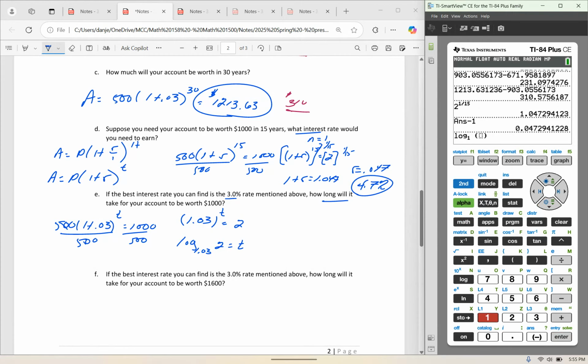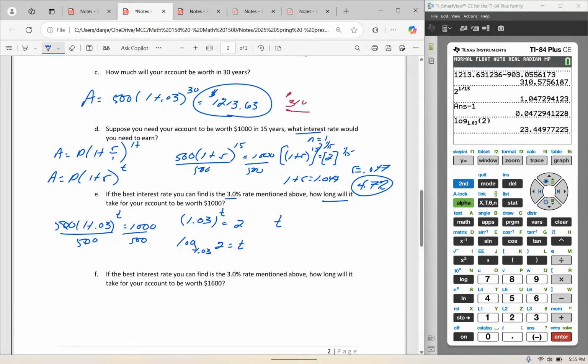So the base of the logarithm is 1.03 of 2. So t is 23.449. So t is approximately 23.5 years. Okay, it's approximately 23.5 years for my investment to be worth $1,000.